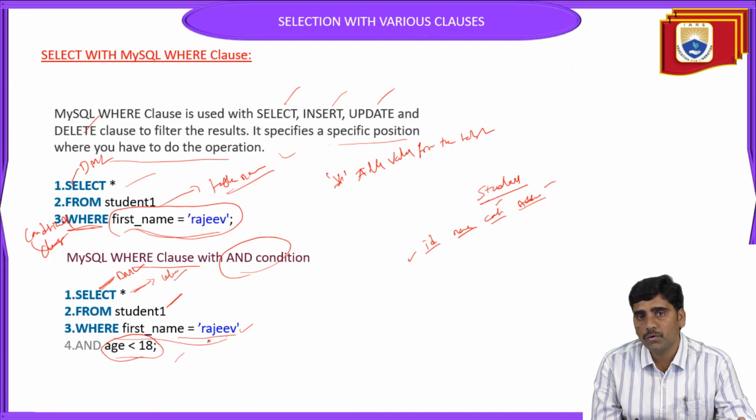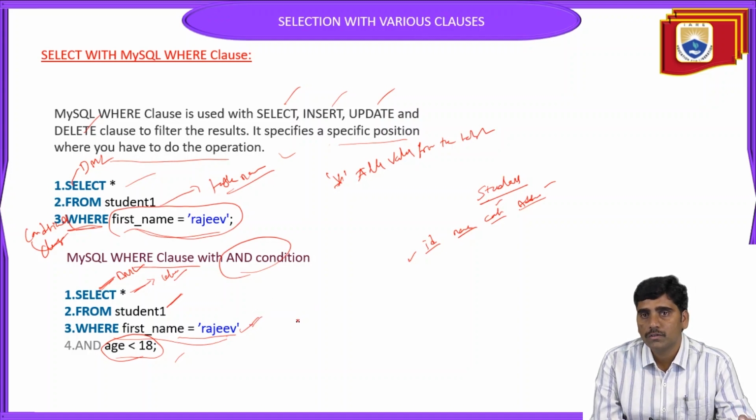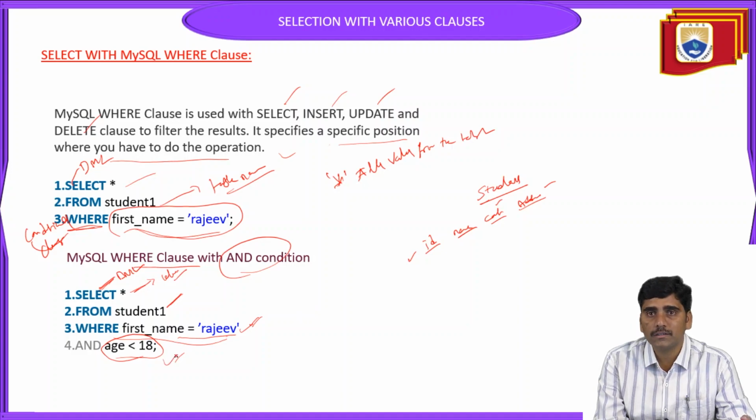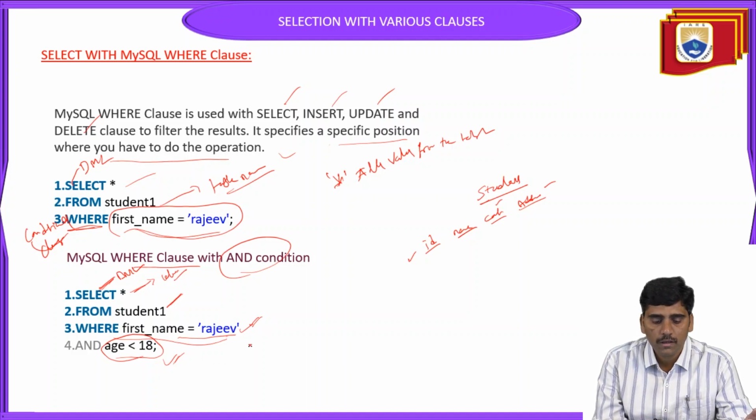That means the table has to display the results on the condition that the first name equals Rajiv should be there and age less than 18 should be there. Whoever has the first name equal to Rajiv and age less than 18, it will fetch the records and display the values.